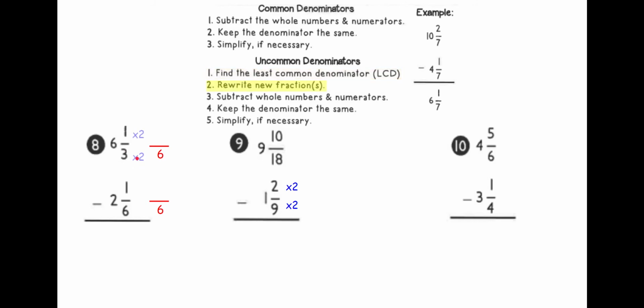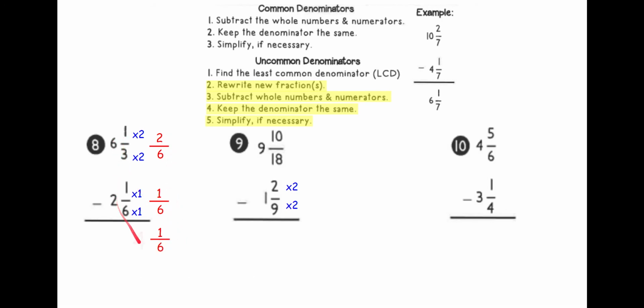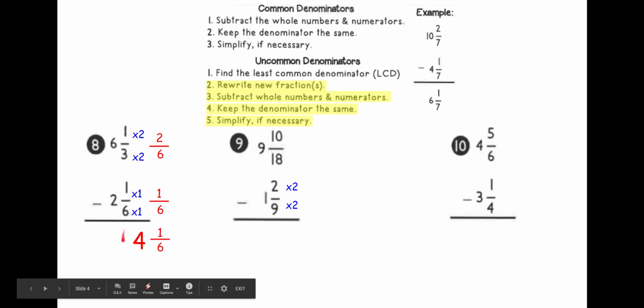Well, I multiply by 2, which means I multiply the top by 2, and 1 times 2 is 2. For the bottom, I don't have to multiply that by anything, so I just write 1 over 6 still. So next, I rewrite the new fractions, which I just did, and then I'm going to subtract whole numbers and numerators. So 2 minus 1 is 1 over 6, and 6 minus 2 is 4, and I can't simplify any further, so that is my answer.